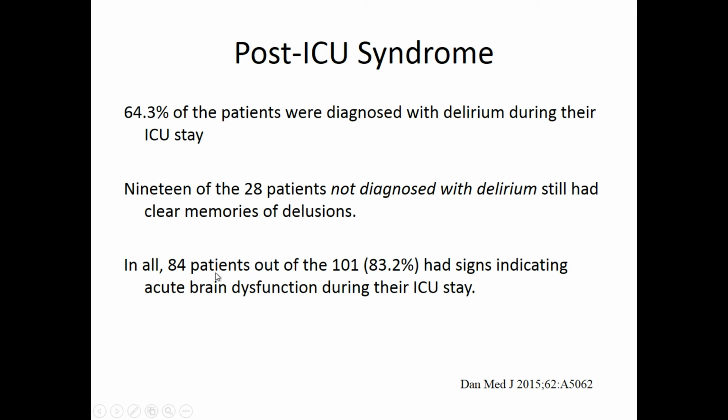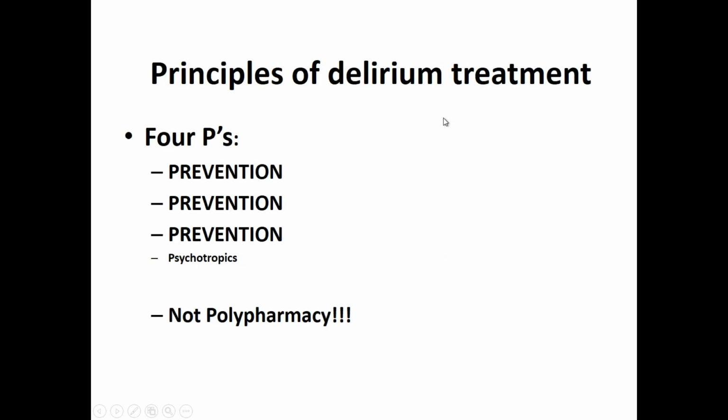But either way, it suggests that about 83% of the patients that were referred to this post-ICU clinic had some kind of acute brain dysfunction, very likely delirium, during their ICU stay. So it's a very, very high, important risk factor for the development of post-ICU syndrome with all its quality of life related outcomes.